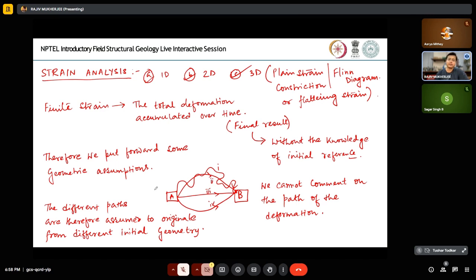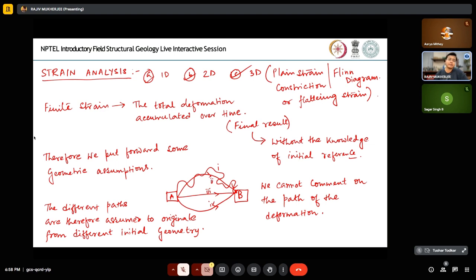Because when you go to the field, you see that deformation is obviously very heterogeneous in terms of scale, and anything can happen over millions of years. The deformation has been accumulated, and that can go along several different paths, and ultimately the result would be so complex that the geometry alone is difficult to tackle.